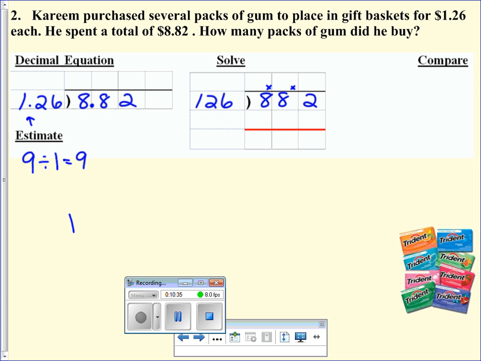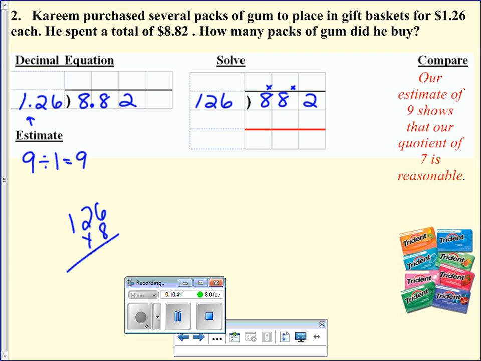So maybe I'll try 8 and see what I get. That would be a good place to start. So our quotient is 7. And that worked out nicely. So we have our sentence, our estimate of 9 shows that our quotient of 7 is reasonable. And the answer is 7 packs of gum.